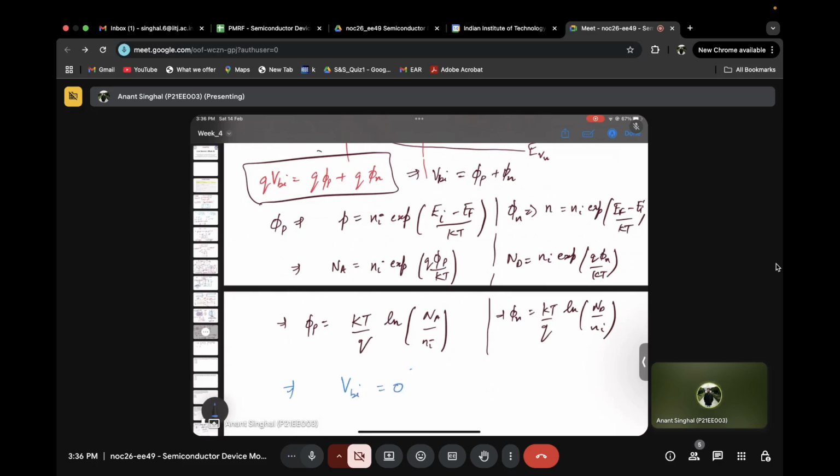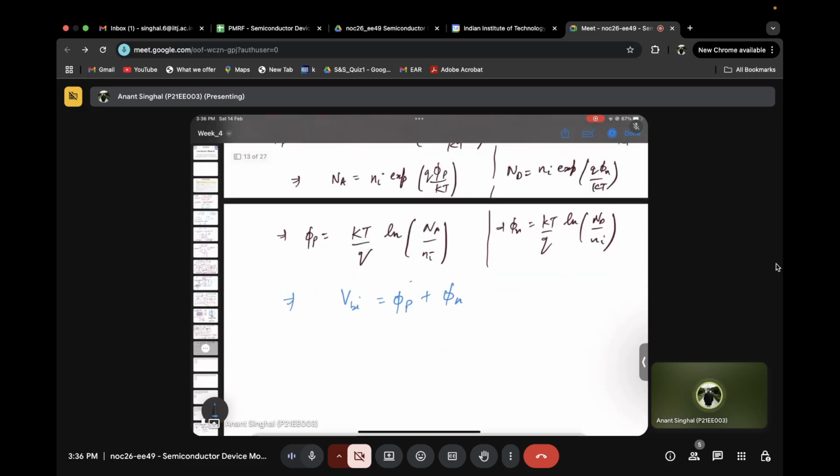VBI was nothing but phi P plus phi N. So can anyone tell what will be the final value of VBI? So it will be multiplied, right? ln A plus ln B is nothing but ln AB, so NA ND by ni square.